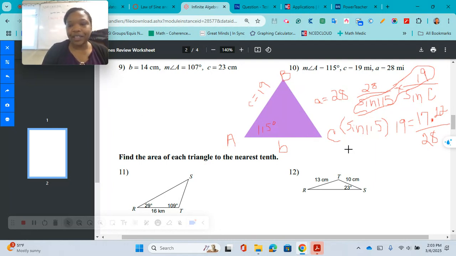We end up having that the sine of C is equal to 0.614. What's next to that 4? Oh, a 9. So 0.615. One more step. We're trying to get the angle. So what do we do?